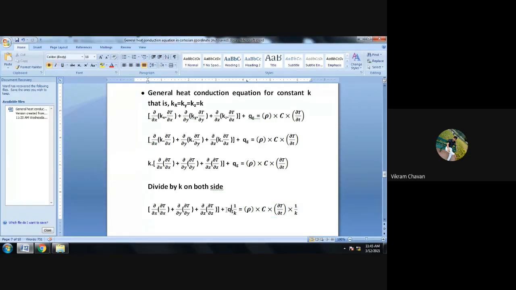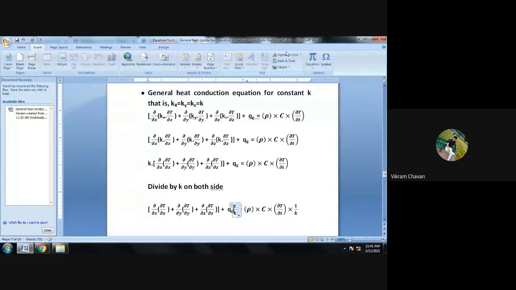For that reason I have written qg multiplied by 1 upon k is equal to rho multiplied by c multiplied by ∂T/∂t multiplied by 1 upon k. What we have done is divide throughout the equation by k, on both sides.